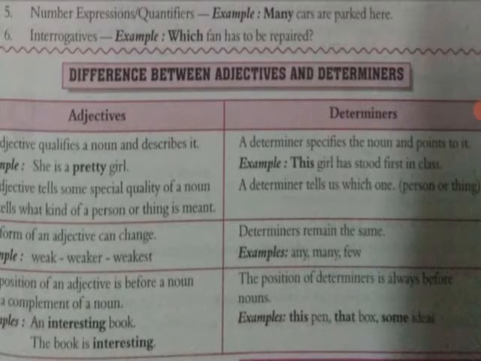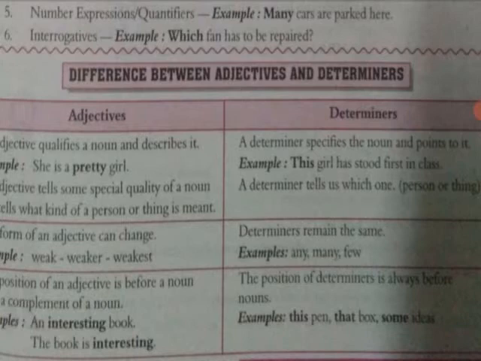Dear children, an adjective qualifies a noun and describes it, whereas a determiner specifies the noun and points to it. For example, she is a pretty girl. Here, girl is our noun and pretty is our adjective. Let us see another example.